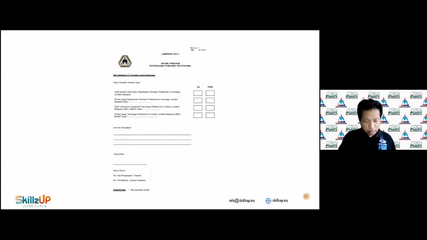Let me go through. For example, the scope of work that he was assigned was to design the low voltage distribution system, which includes main switchboard, sub switchboard, distribution board, and reticulation cabling, right?